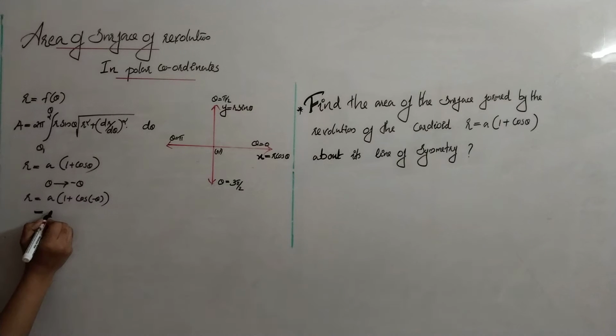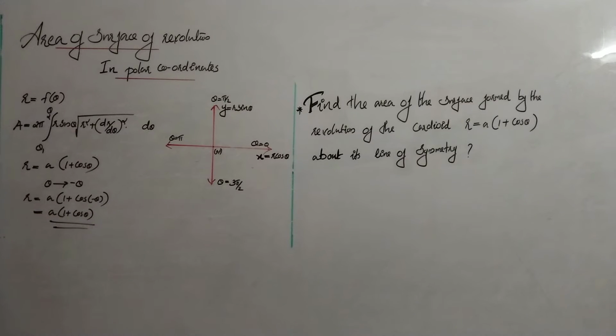Cos of minus theta is cos theta itself. So the given equation is symmetric about its initial line, since if we change theta by minus theta, it does not alter the equation r is equal to a into 1 plus cos theta.